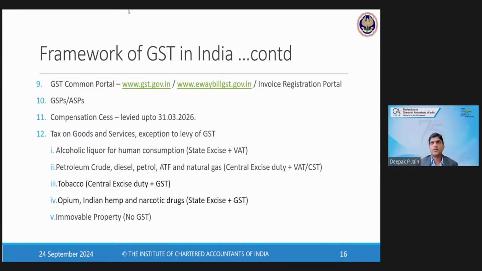E-way bill is like a recording of movement of goods. When you are transporting any goods from one place to another, that has to be recorded on a portal called ewaybill.gst.gov.in. On that portal, once you mention the supplier's GSTIN number, the receiver's GSTIN number, and the distance, it will generate an e-way bill, so that it will have reference to your invoices.